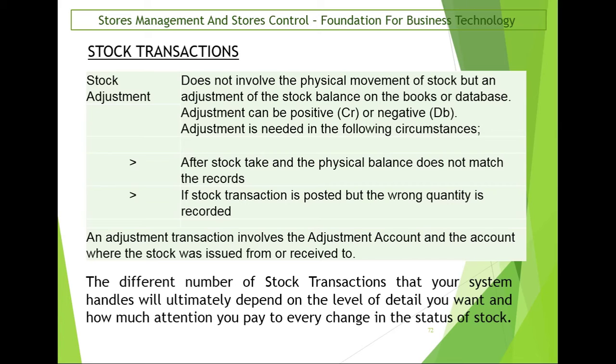You can also post a stock adjustment if there was an error in posting a transaction. So in other words, you have recorded the wrong quantity. So you now come and you post an adjustment transaction. So remember, when we say we are adjusting, you are not bringing an eraser and you rub the balance 50 and replace it with 20. No, you never do that. You start from the balance of 50, you post a transaction that says this is an adjustment transaction.